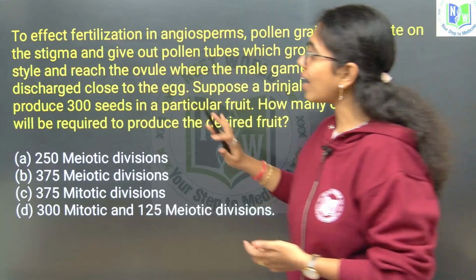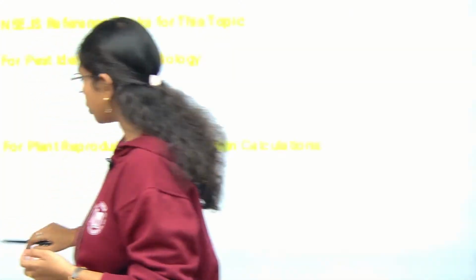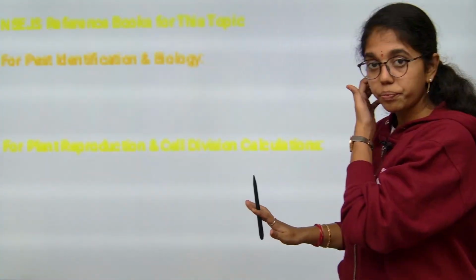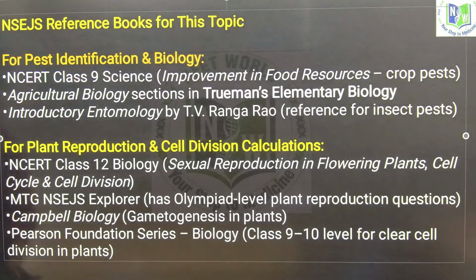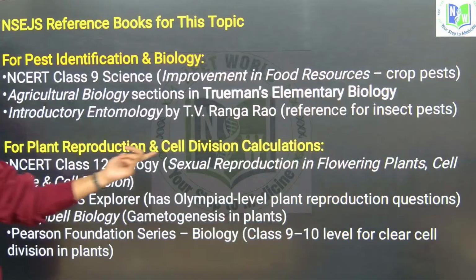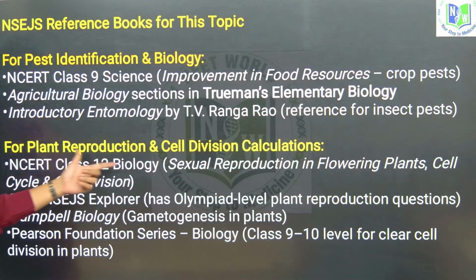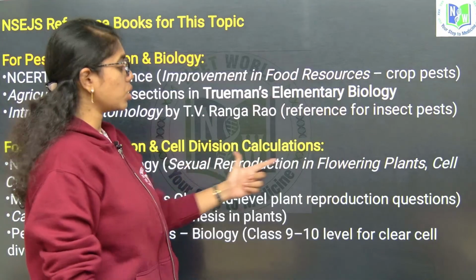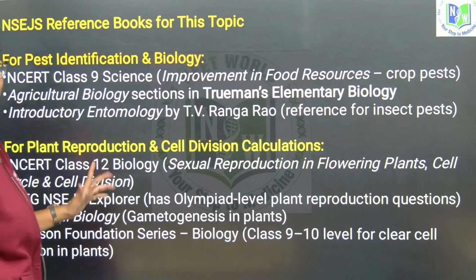So what will be the best reference books for this sort of question? For plant reproduction and cell division calculations, what books do we have to refer to? NCERT class 12 biology, wherein you have sexual reproduction in flowering plants, and cell cycle and cell division of NCERT 11th biology.